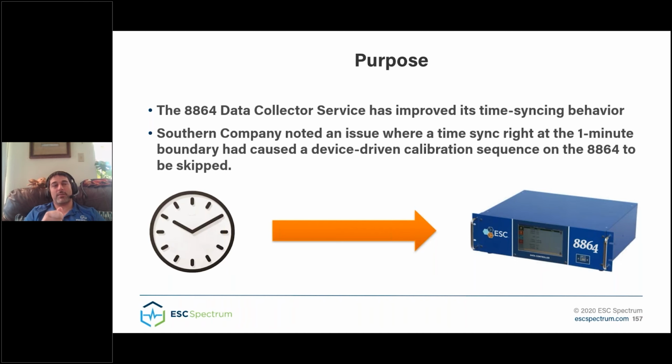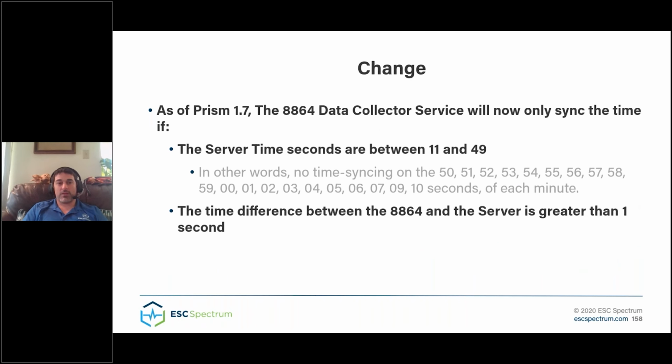Well, it sent that command to the 8864 right at that minute boundary, which effectively caused the 8864 to skip over that moment in time where it should have started the calibration sequence. So we added some smarts here to keep that from happening in the future.